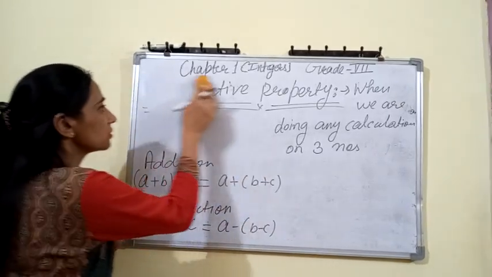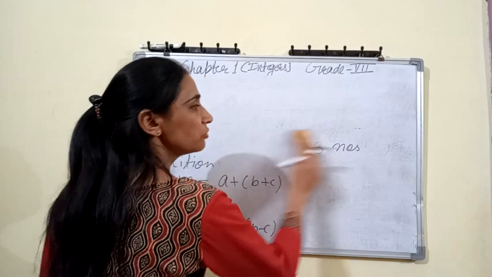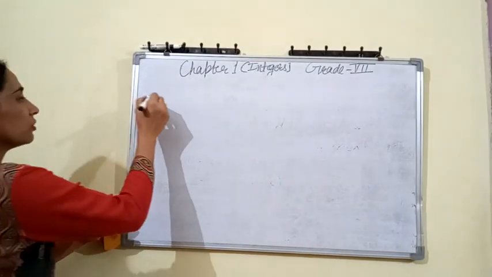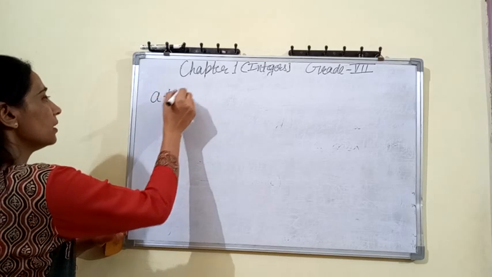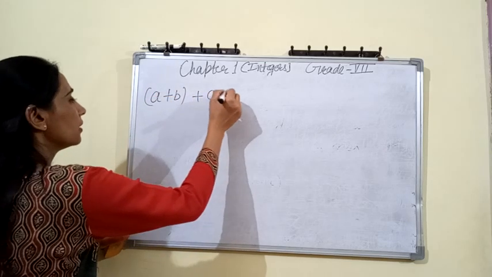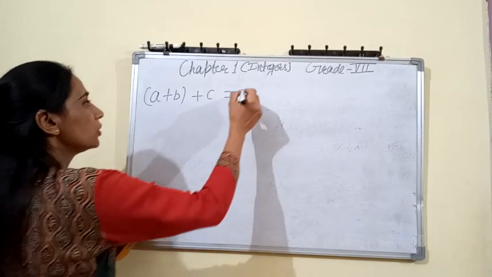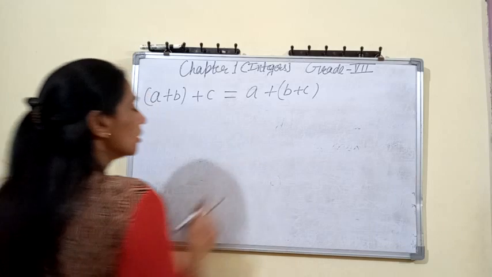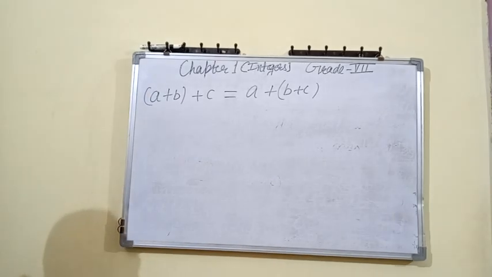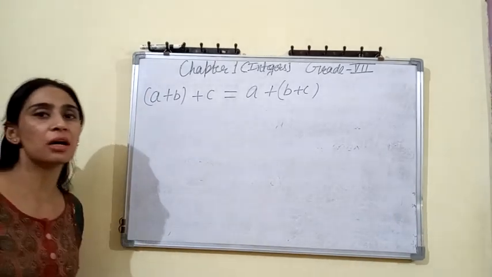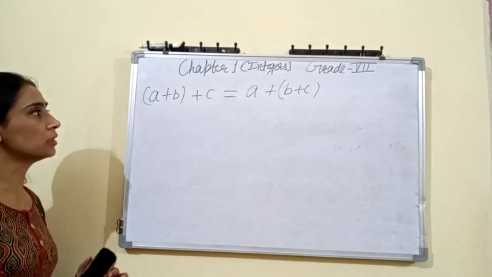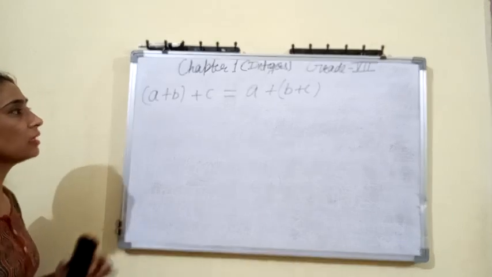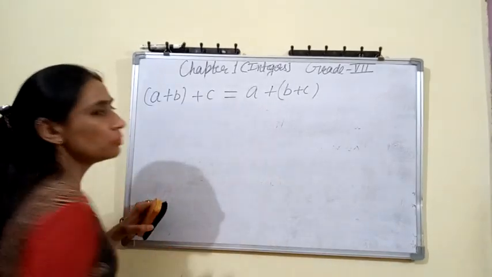I'm rubbing this because the board is very small. So for the addition, what was that? A plus B plus C should be equal to A plus B plus C. Associative property is saying that if we are changing the order of addition, even then the result should be the same.